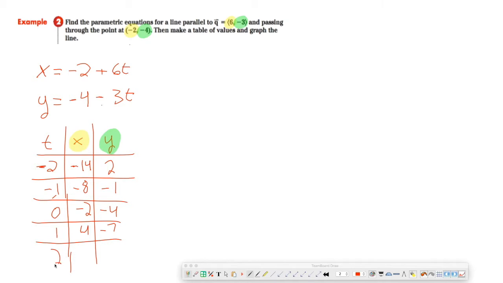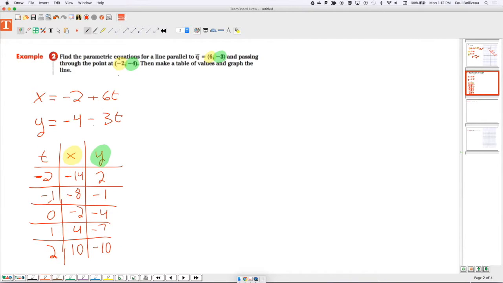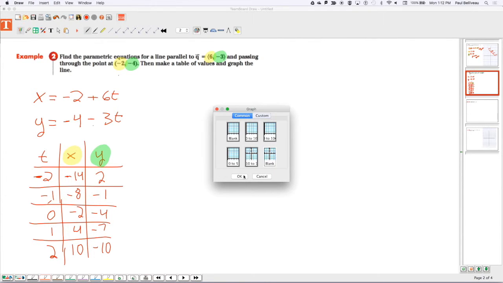And 2. -2 plus 12, 10. -4 minus 6, -10. How'd I do? Because I'm going to be really embarrassed if these points are not in a line.